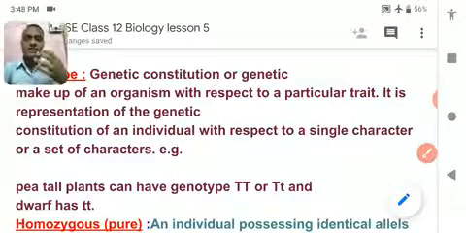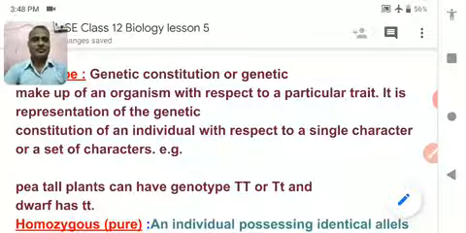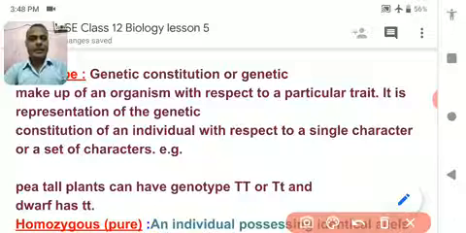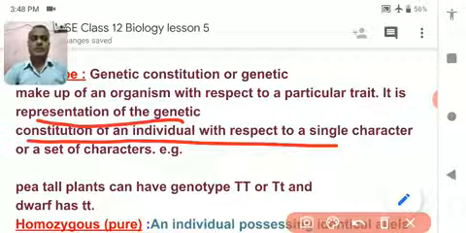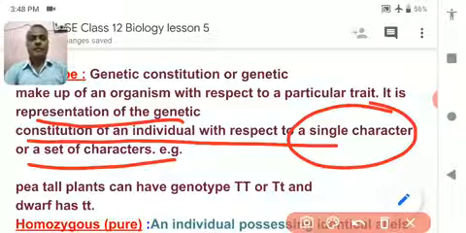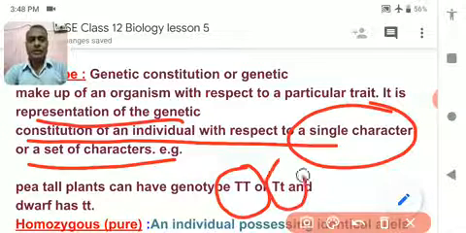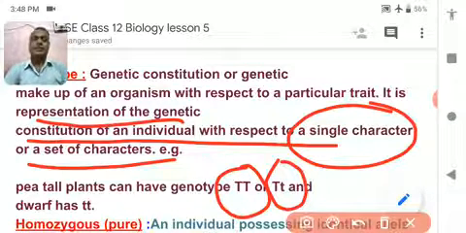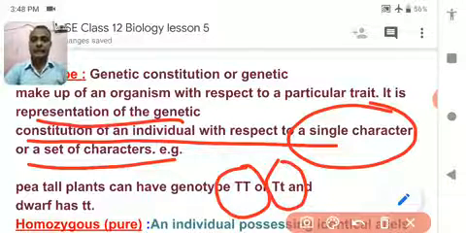So genotype is the genetical makeup of a particular trait. It represents the genetic constitution of an individual with respect to a single character or a set of characters. Like for the pea plant, the tallness capital T capital T is homozygous and capital T small t is heterozygous.